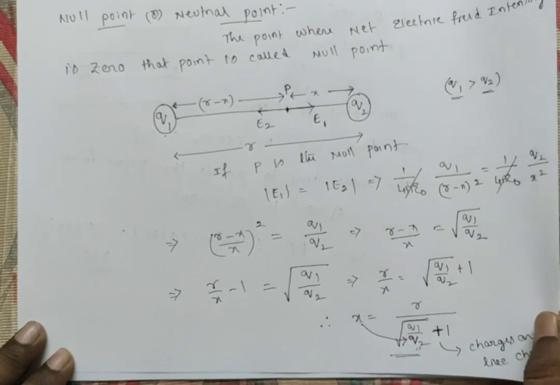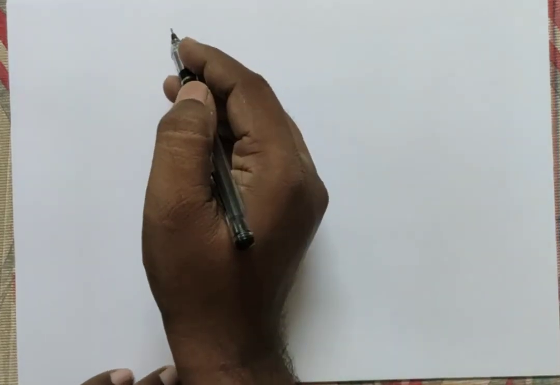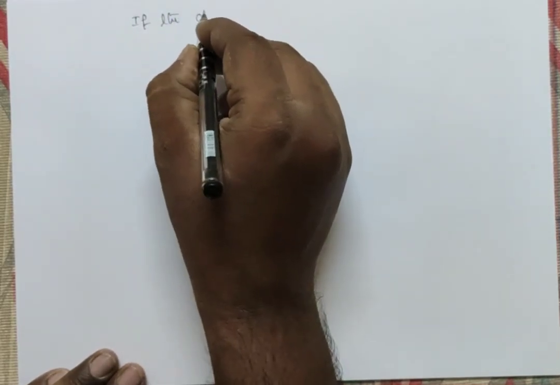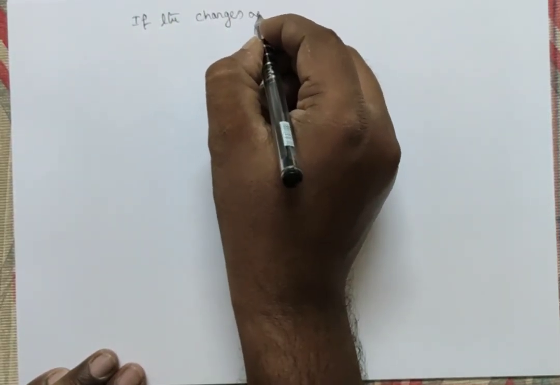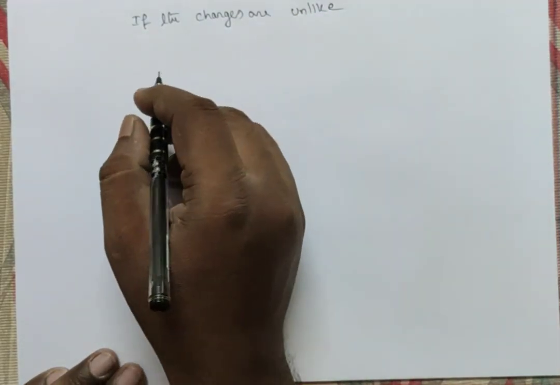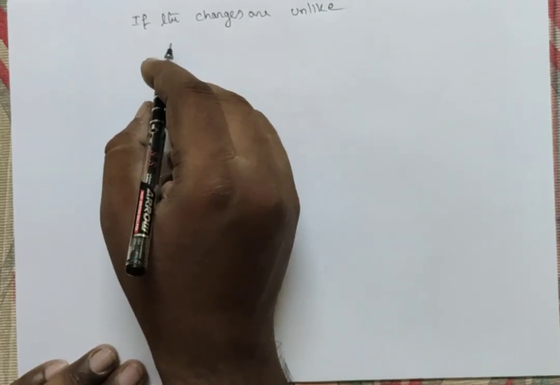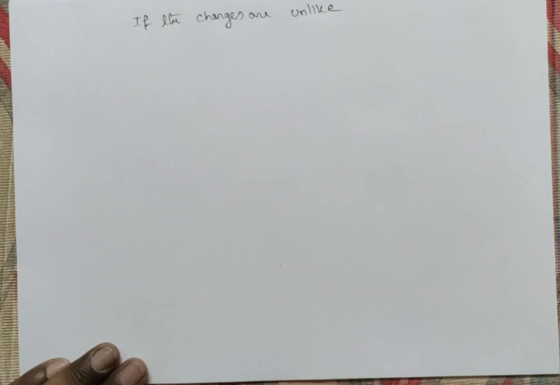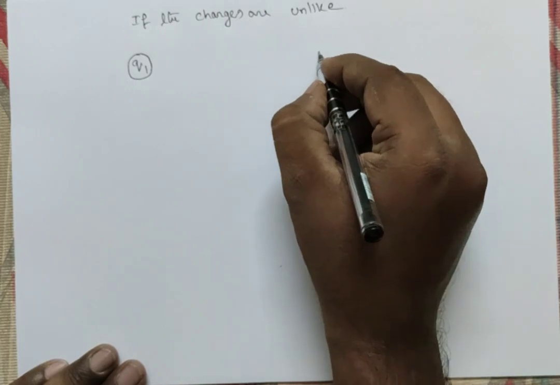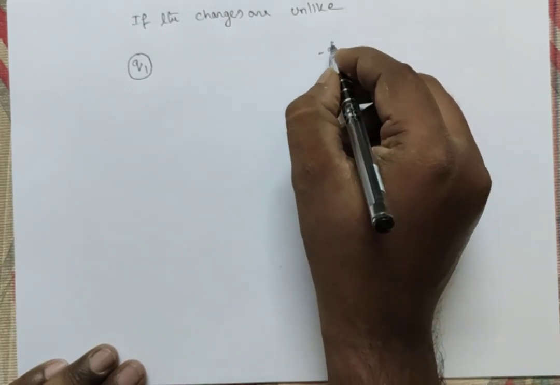That can also be checked here. Let us take two unlike charges: one is plus q1, another one is minus q2. They are unlike charges.